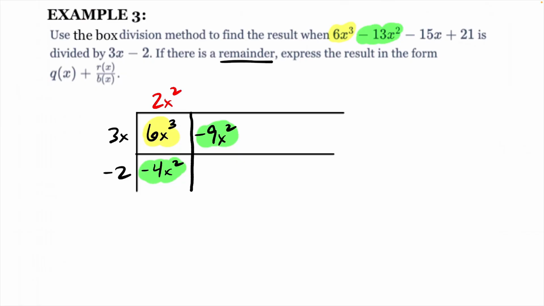Now let's do some multiplying. 3 times what makes negative 9? Negative 3. Good. How many powers of x do I need to make x squared? Just one power. Good. Negative 3 times negative 2 makes positive 6x. Close the box.